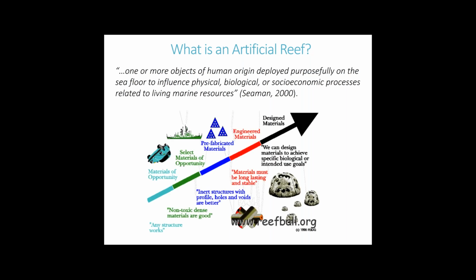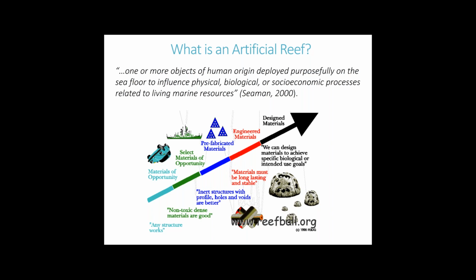The interesting thing is that what we have used as artificial reef habitats has changed over the years. Initially, there was sort of the idea that any type of hard material would work, and we call these materials of opportunity.